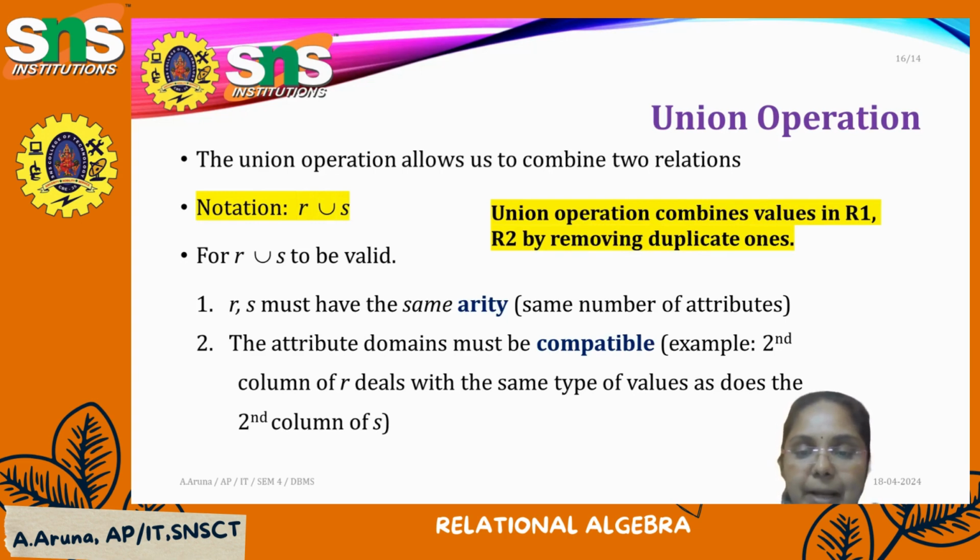That is, the same number of attributes must be present in the two relations. In this case, the union operation can be applicable, and also the attribute domains must be compatible. For example, the second column deals with the same data type as the second column of S. So both will have the same attributes. In those cases, we can use this particular operation.